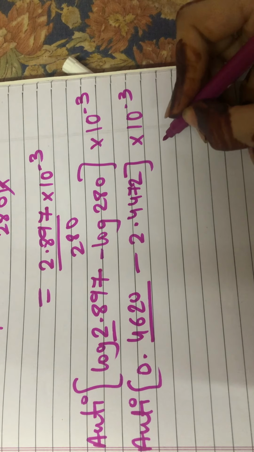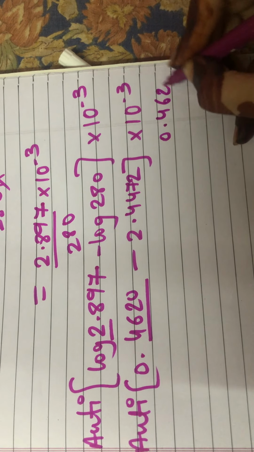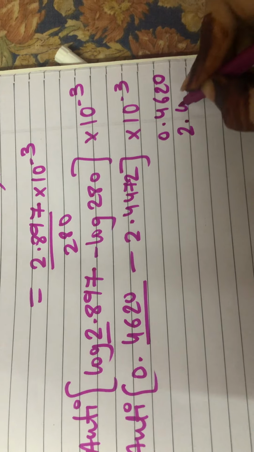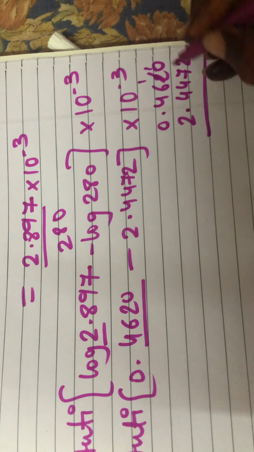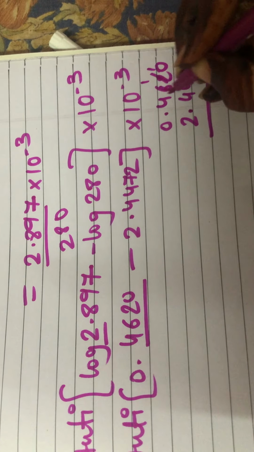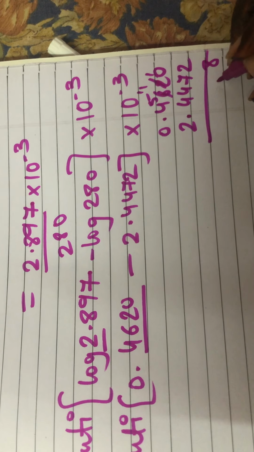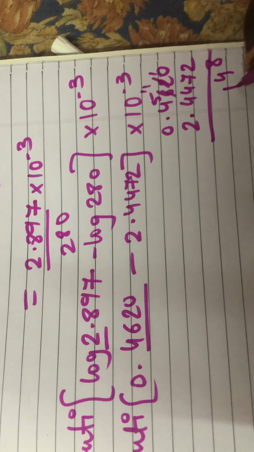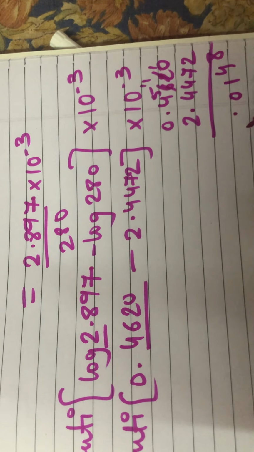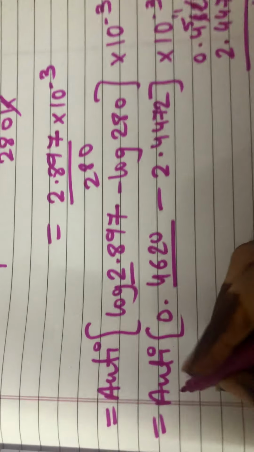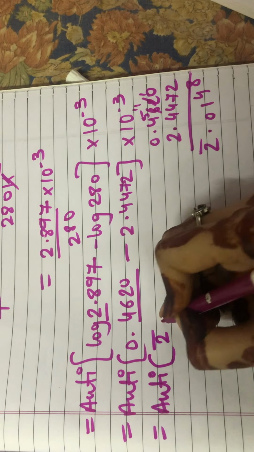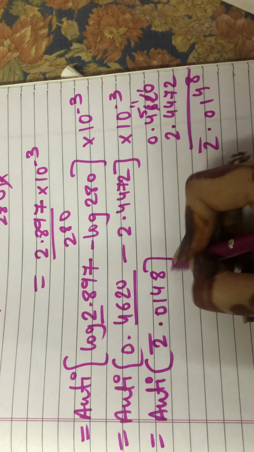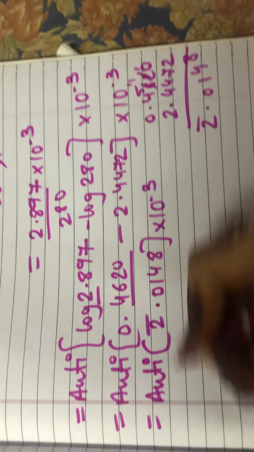We'll be subtracting these two, that is 0.4620 and 2.4472. Subtracting, 10 minus 2 is 8, 11 minus 7 gives you 4, and 0 minus 2 is bar 2. So we'll be finding the antilog of bar 2.0148 into 10 raised to minus 3.